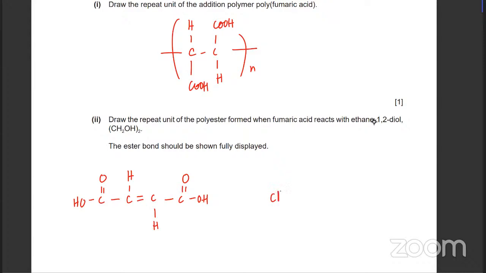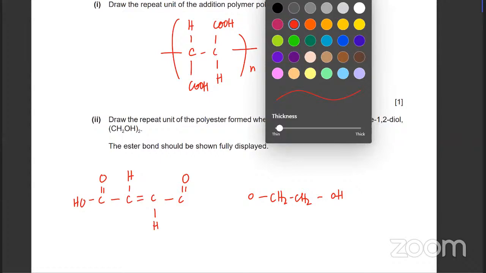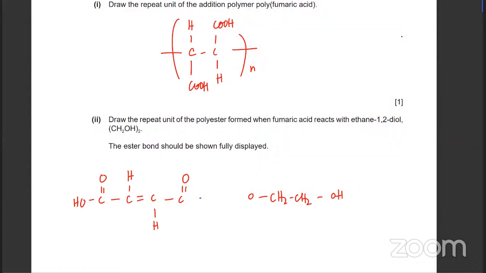It's CH2OH on both sides. So what happens is an ester would be formed. These two would get removed from the middle, and they would link up in the middle. That's a condensation polymer.